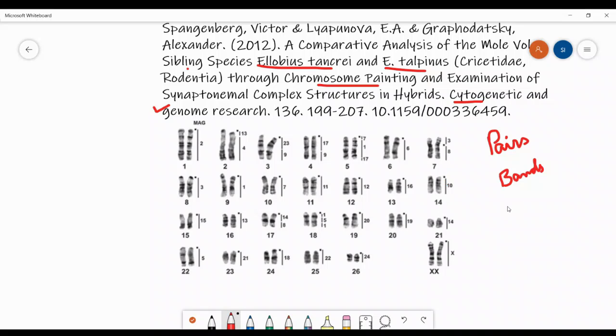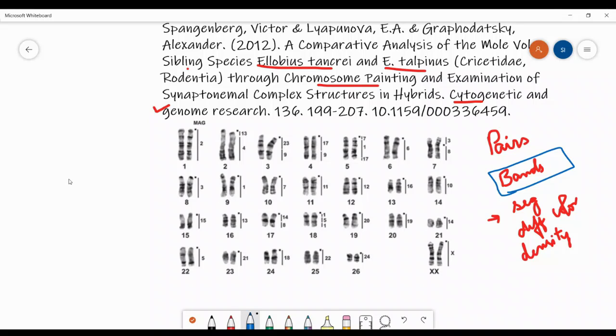These bands are determined by segments with differing color or color density in the grayscale in this image. Okay, so that is the band or banding.